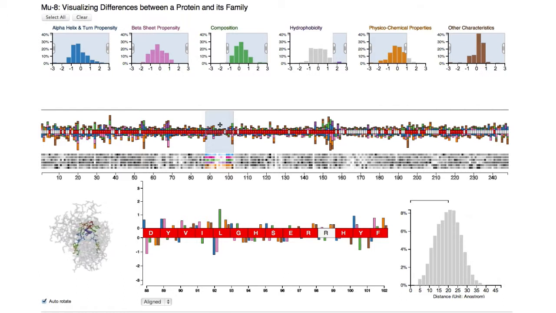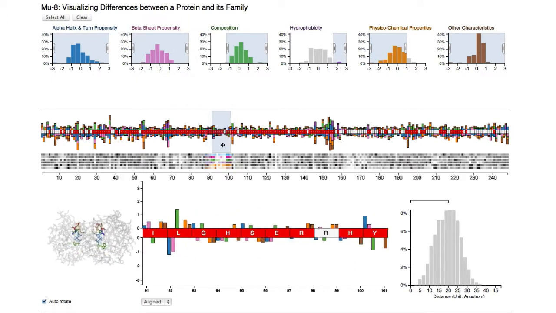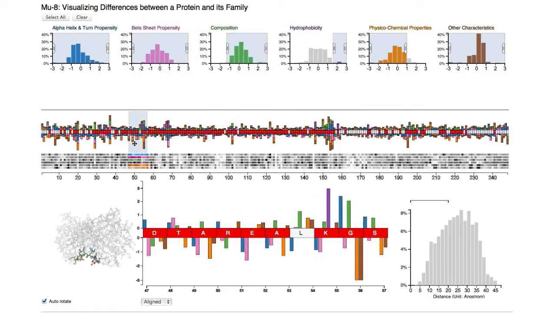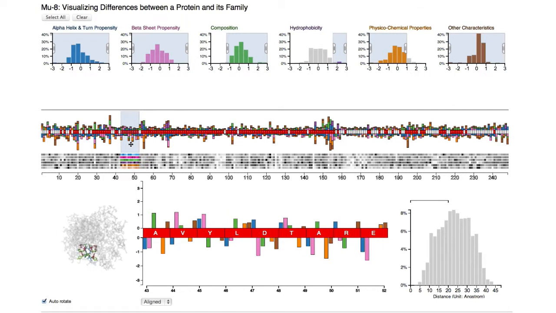Blue corresponds to alpha helix and turn propensity in the first row, and so on. Using this encoding, the user can identify regions that have low variation and high variation.